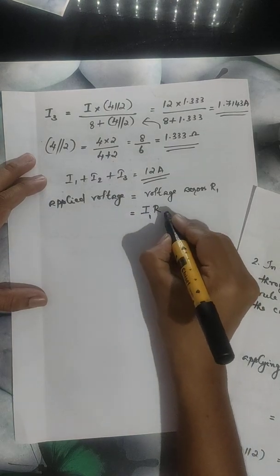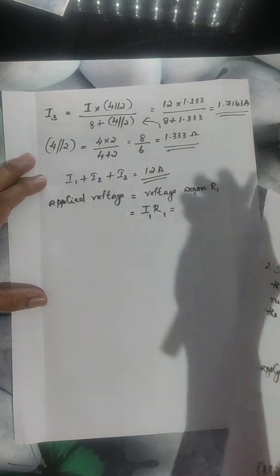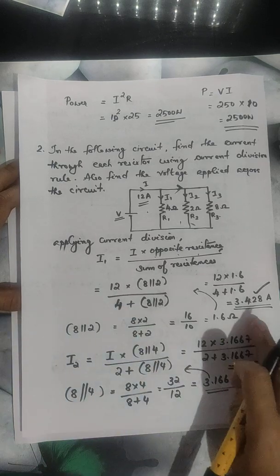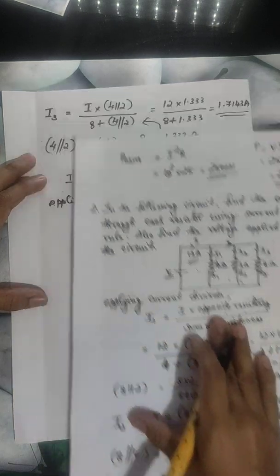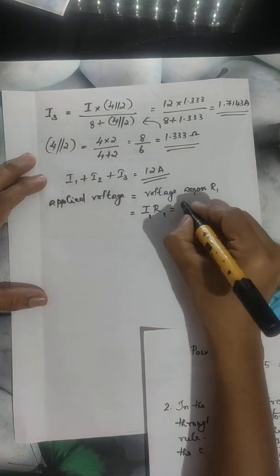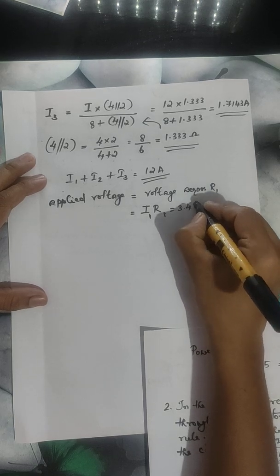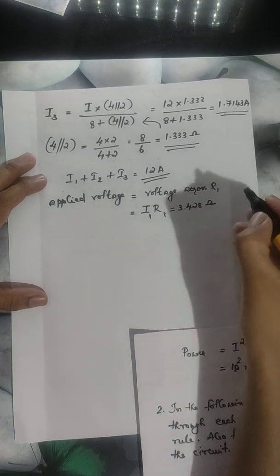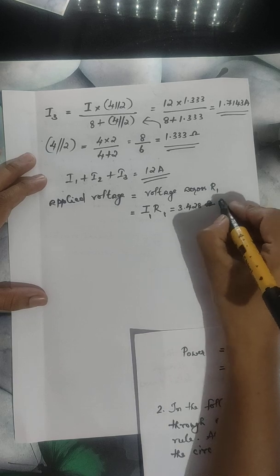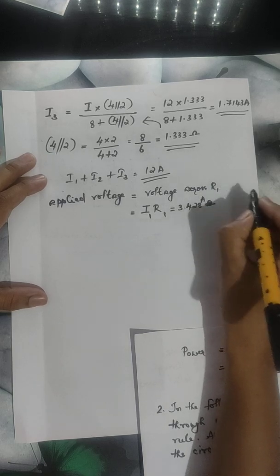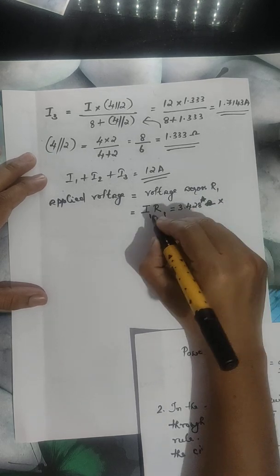So I1 R1, which is equal to, we have calculated the value of I1 as 3.428 ampere into R1.